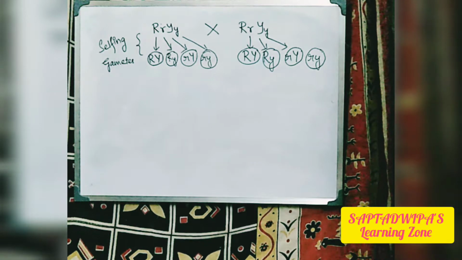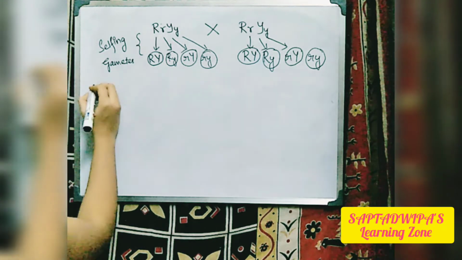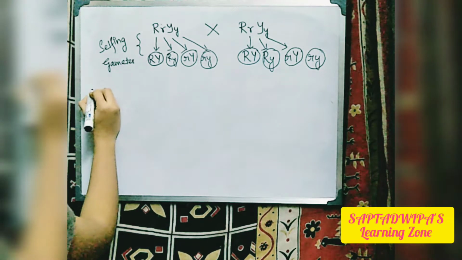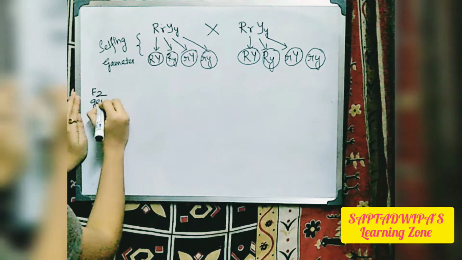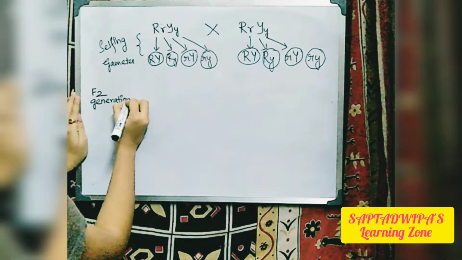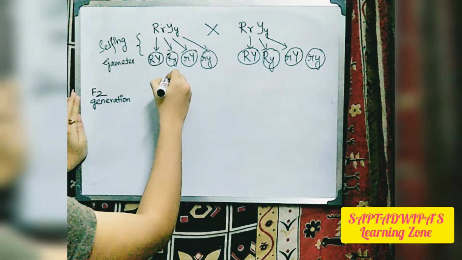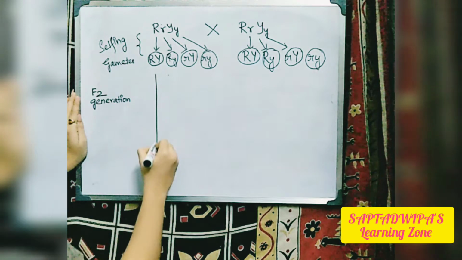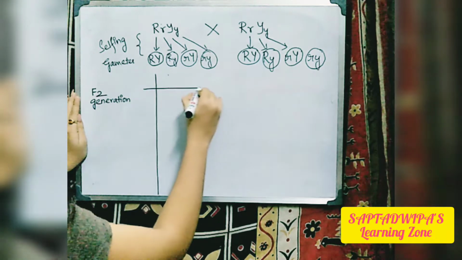Now what we will do is form the chart. In case of the F2 generation, this is the most important one. What we need to make here is the chart formation, that box formation which we did.